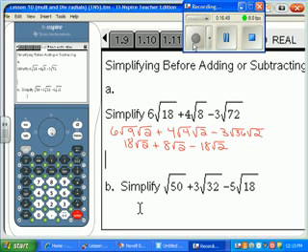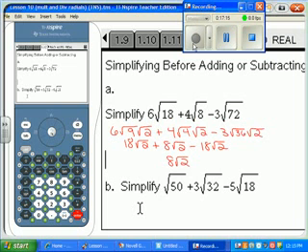And real quick, you can tell me the answer is? 8 square root of 2. Very good. Because you have 18 square root of 2 minus 18 square root of 2. How did you get 18? Square root of 9 is 3, 6 times 3. Oh, you multiply. Correct.